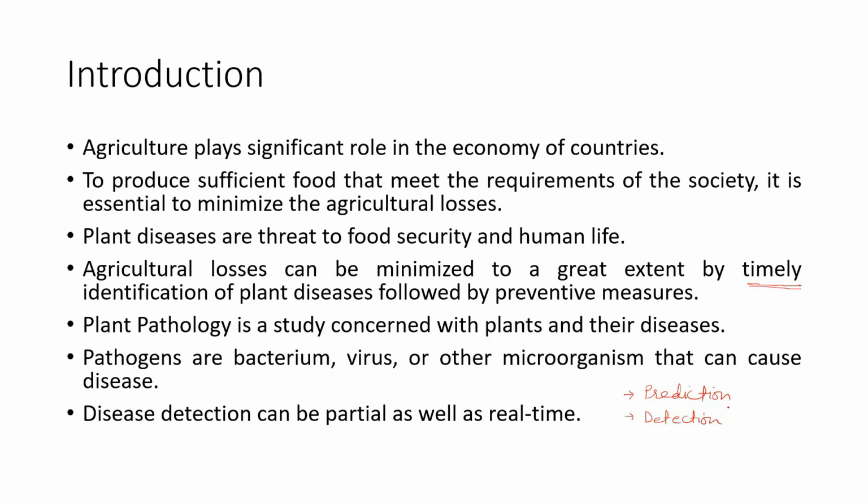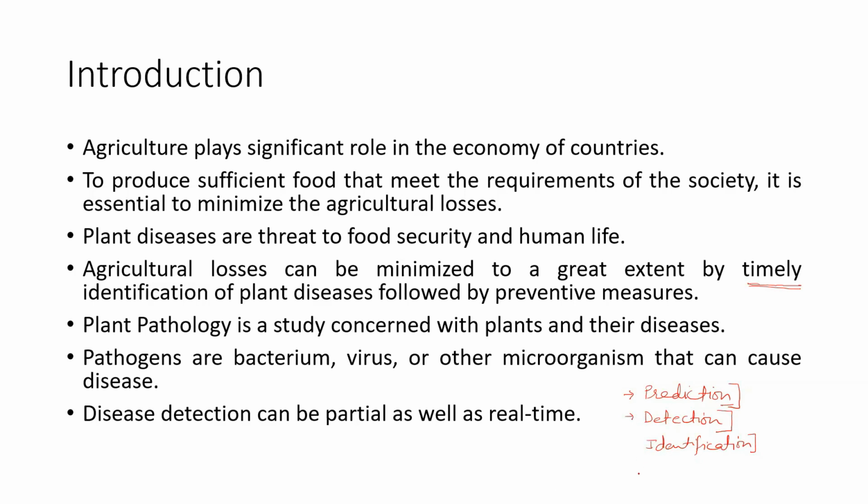In order to predict whether some disease will occur in the plant or not, you use the term prediction. If a plant is already diseased, then you apply the term detection, or identification. So you can use these terms whenever the situation is suitable.